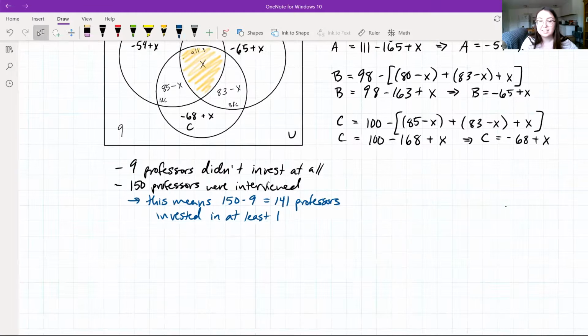Since 9 didn't invest at all, 150 were interviewed. That means 141 professors invested in at least one of these things, whether it be stocks, bonds, or certificates of deposit.